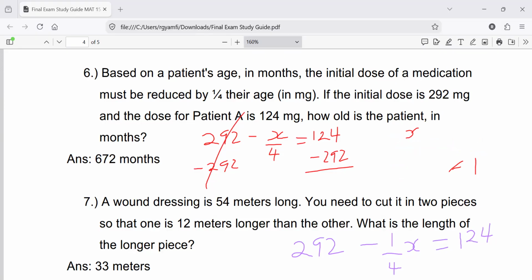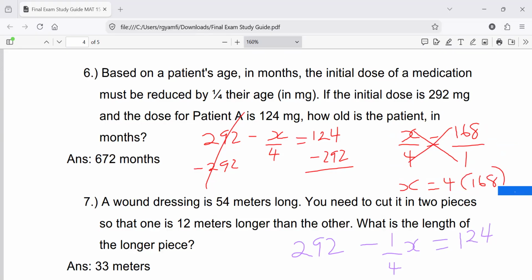If the negatives cancel out, I've got x over 4 equals 168. At this point, you could cross multiply. X times 1 is x, and then 4 times 168. And 4 times 168 is 672 months. And that's it, 672 months.